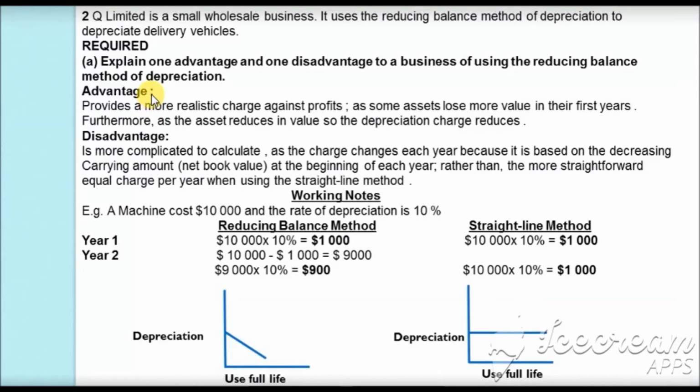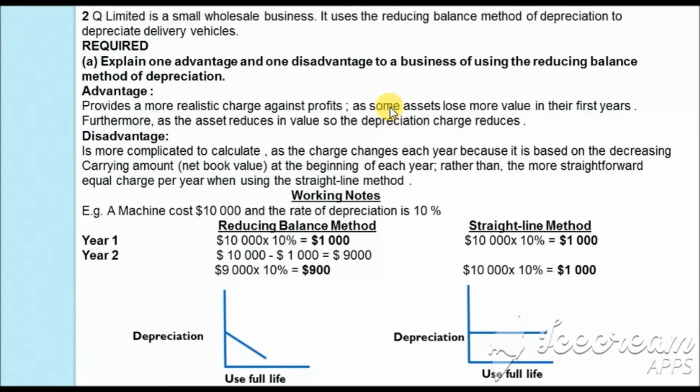Now we will understand the advantage and disadvantage of using the reducing balance method of depreciation. The advantage is that the depreciation charged is more realistic, and it is realistically charged against the profit. Why? Because some assets, like technological assets, lose more value in the first year of their useful life compared to the later years.